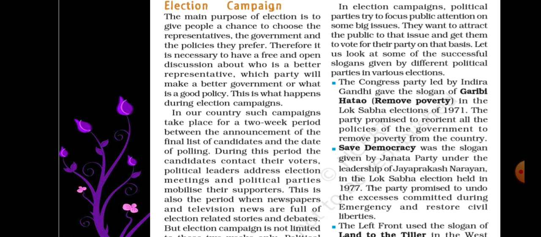So, during the elections, the ruling government or party is not allowed to announce any kind of big schemes, decisions or policies for the people.